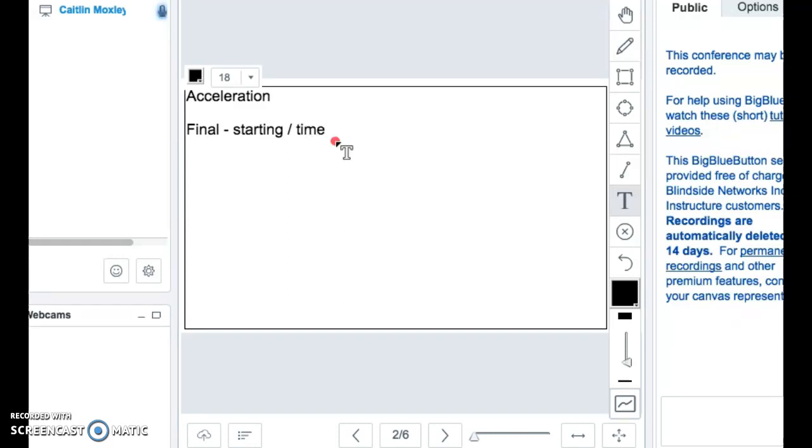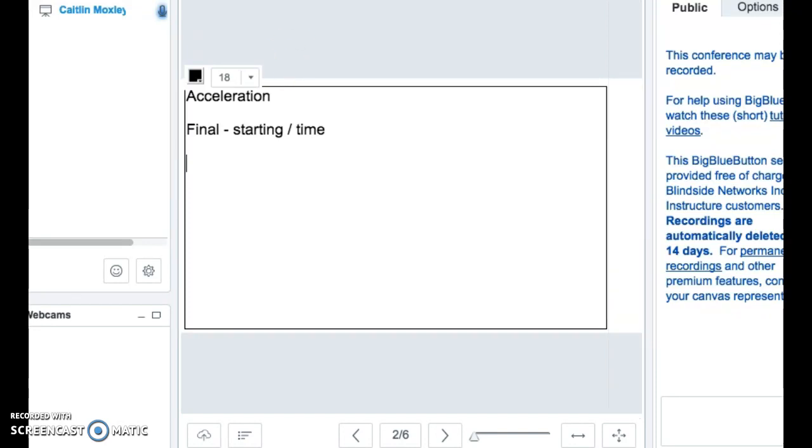So we've got our final time minus our starting time divided by the change in time. So our final speed from equation 1, let me toggle back over.